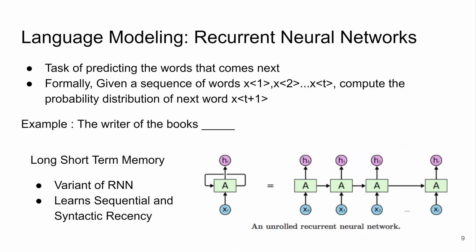To give you an idea of what language modeling is, the key definition of language modeling is the task of predicting the next word in a sequence given a set of previous words. Due to the limitation of time, I won't go into details of how it works, but state-of-the-art language models typically use recurrent neural networks or their variant, long short-term memory networks, since they are able to capture long-term dependencies in sequential text.